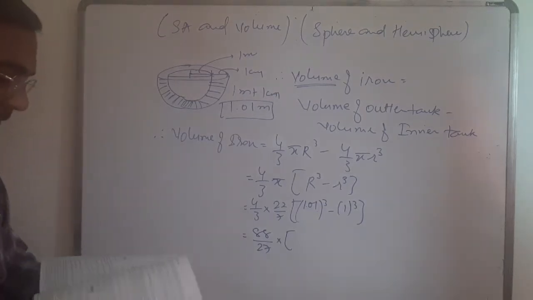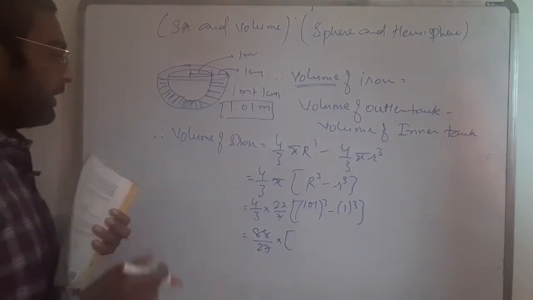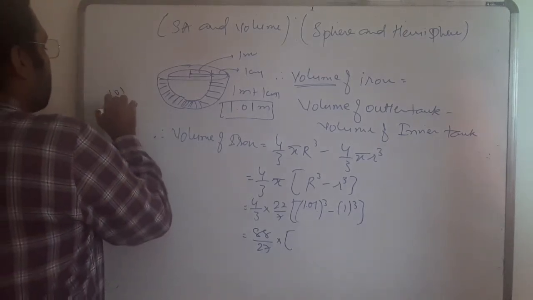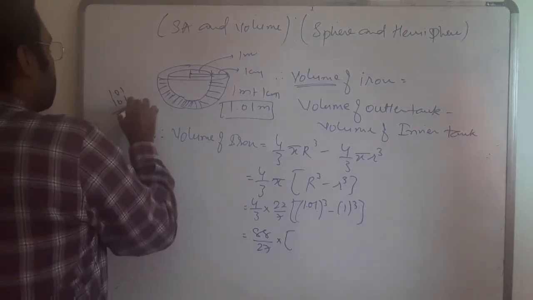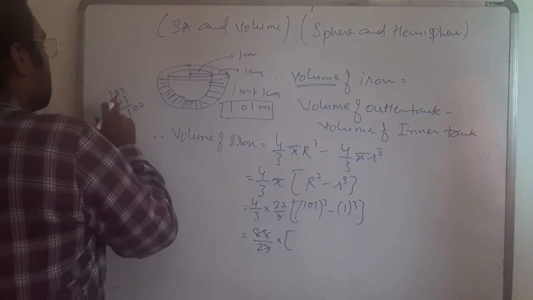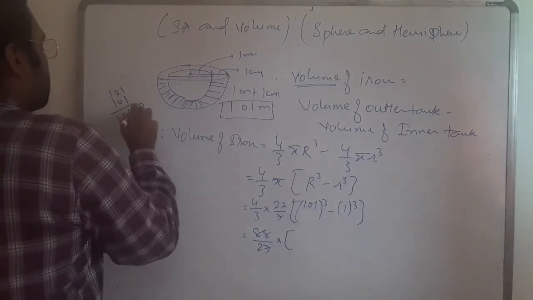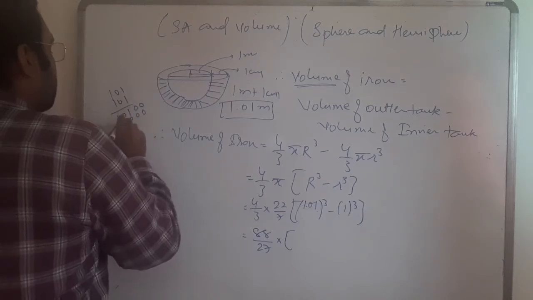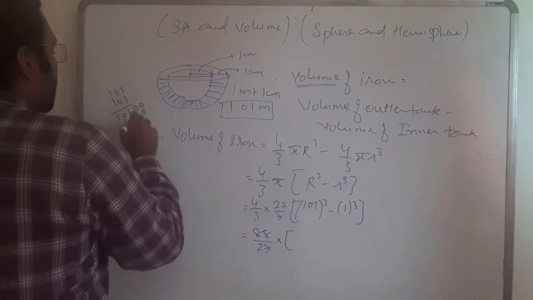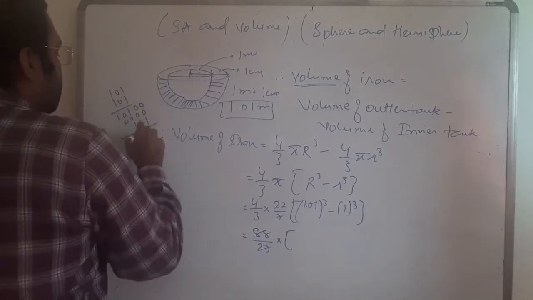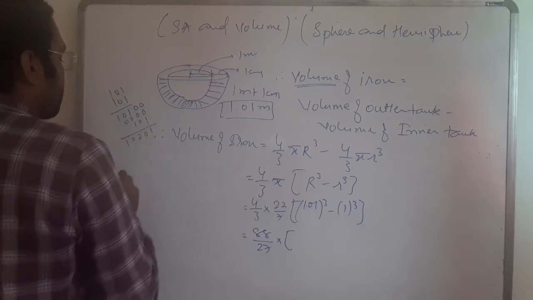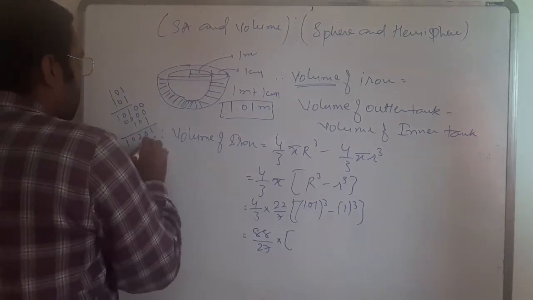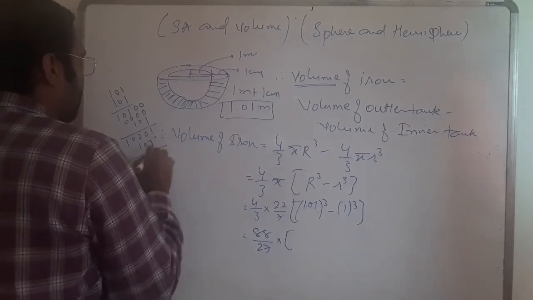For that we have to calculate the cube of 101, that is 101 into 101, that is 10201, and now also multiply with 101.